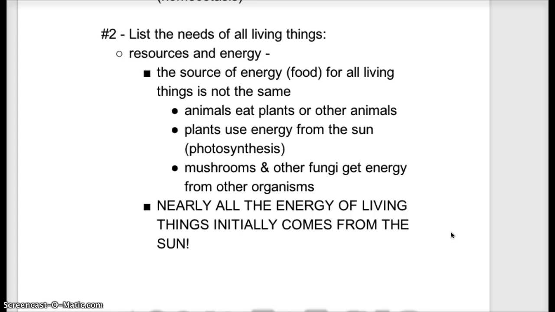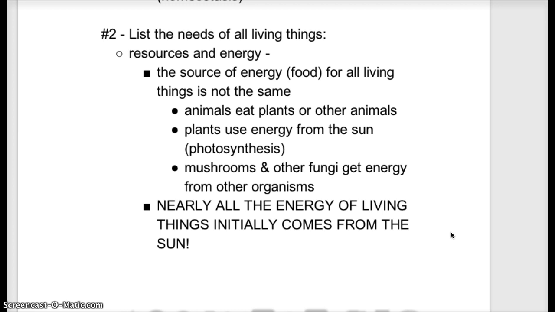It's called photosynthesis. Mushrooms and other fungi get energy from other organisms, and we'll talk about those and other organisms within our energy pyramid as we talk about how different organisms ultimately use the sun to get their energy, but then it's transferred from organism to organism in a number of different ways.